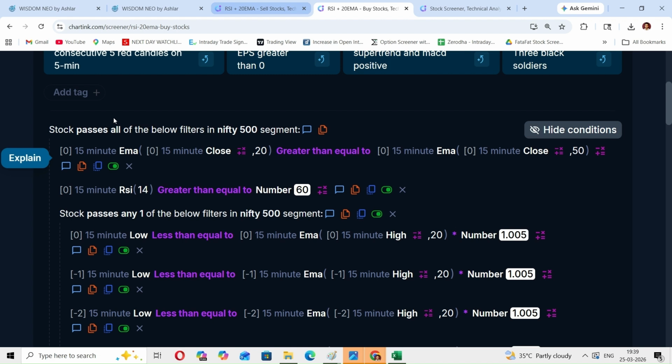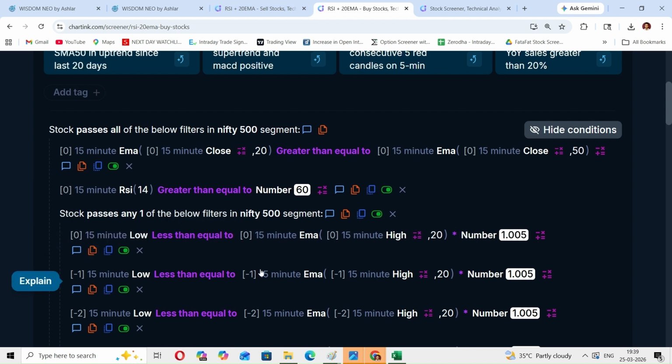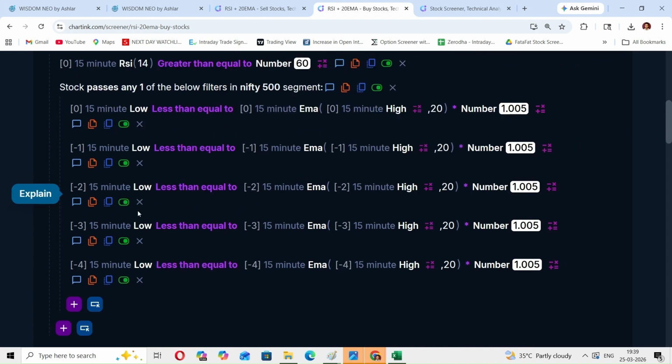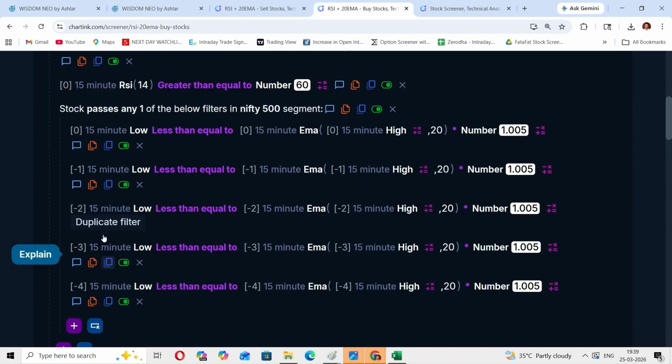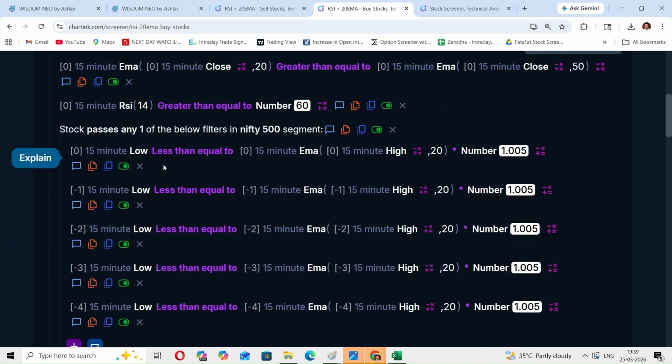We need to pick high momentum stocks for this particular strategy. Now the next condition is that the stock passes any one of the below filters in the Nifty 500 segment. I have considered the last 5 candles of the 15-minute time frame, so that we should not miss any candle that came near the 15-minute 20 EMA in the last 1 or 1.5 hours.